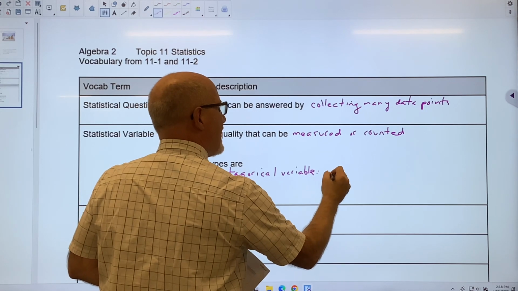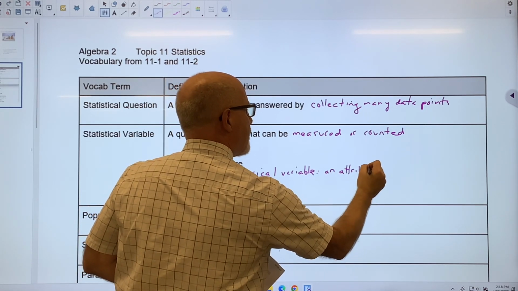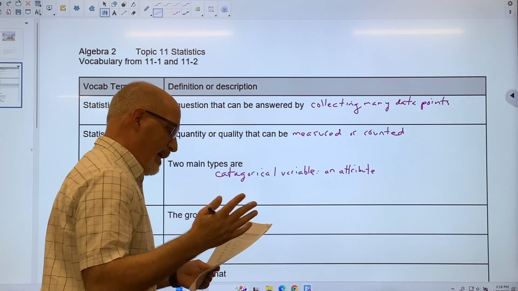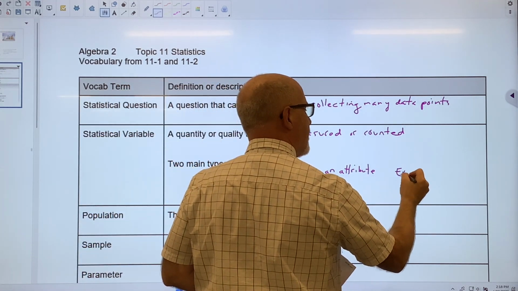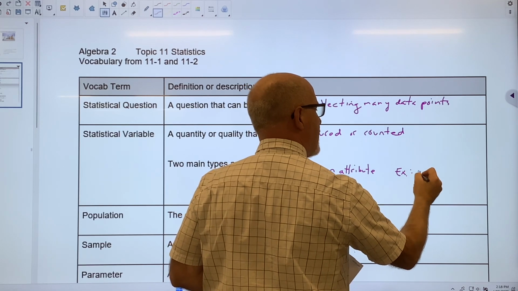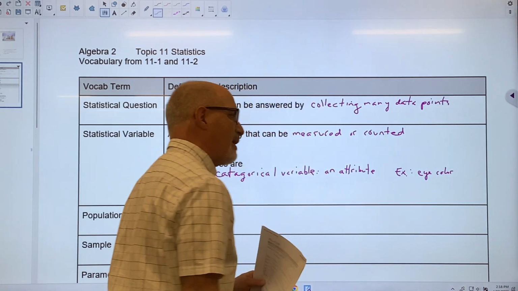This is where you get an attribute as an answer. As an example, a nice easy one for if we were talking about people would be their eye color. That would be an attribute, not a number.